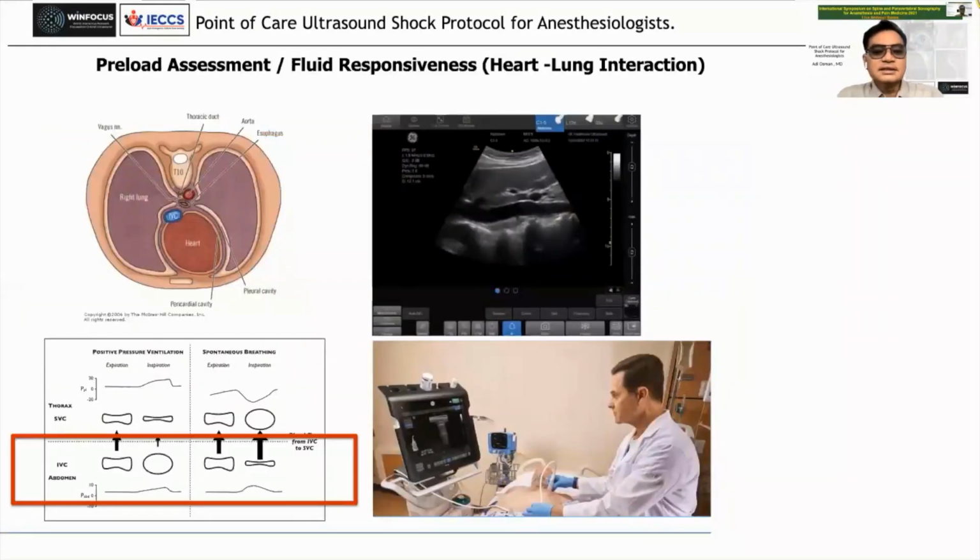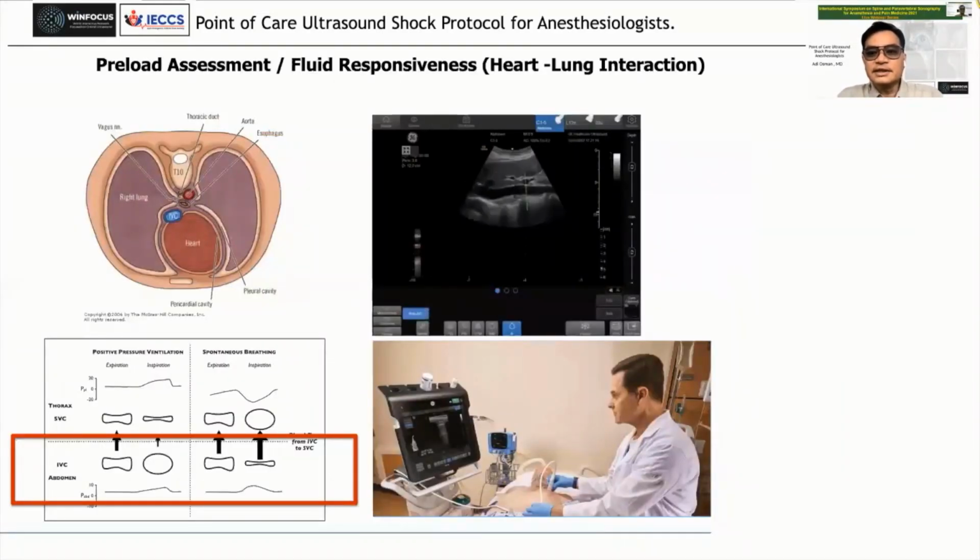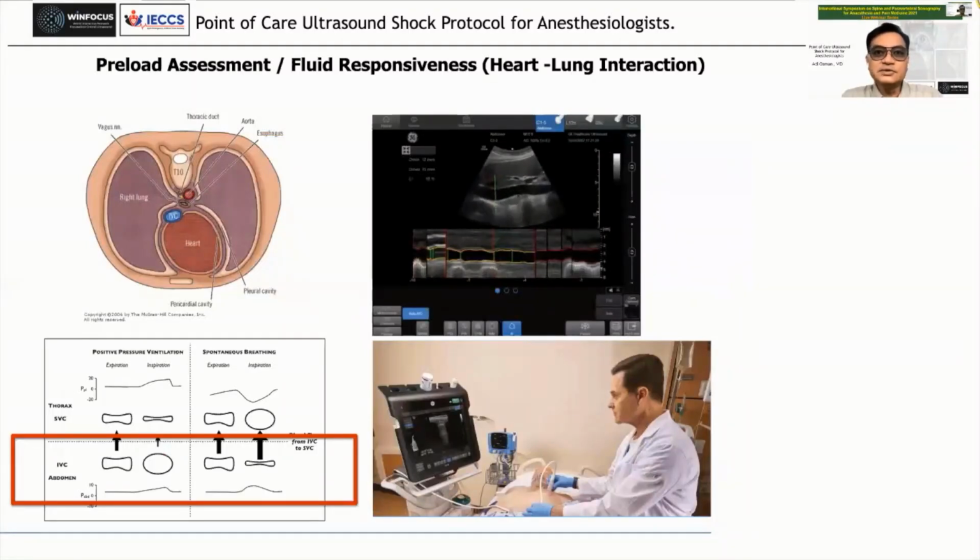The one that we use a lot now is the IVC, based on physiology, which explains why it has been used to look at fluid responsiveness as part of the preload assessment.